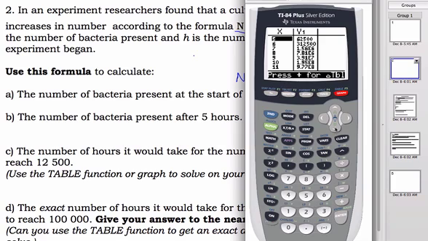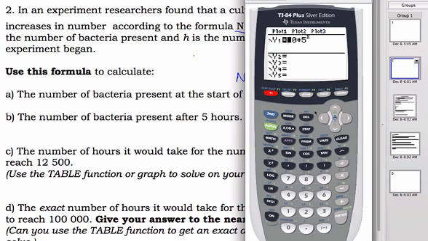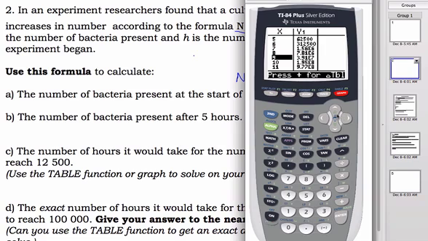Let me see my function again. Did I make a mistake? No, 20 times 5 to the power of x. These numbers should be getting larger. Actually, those numbers are too large for the calculator to display.